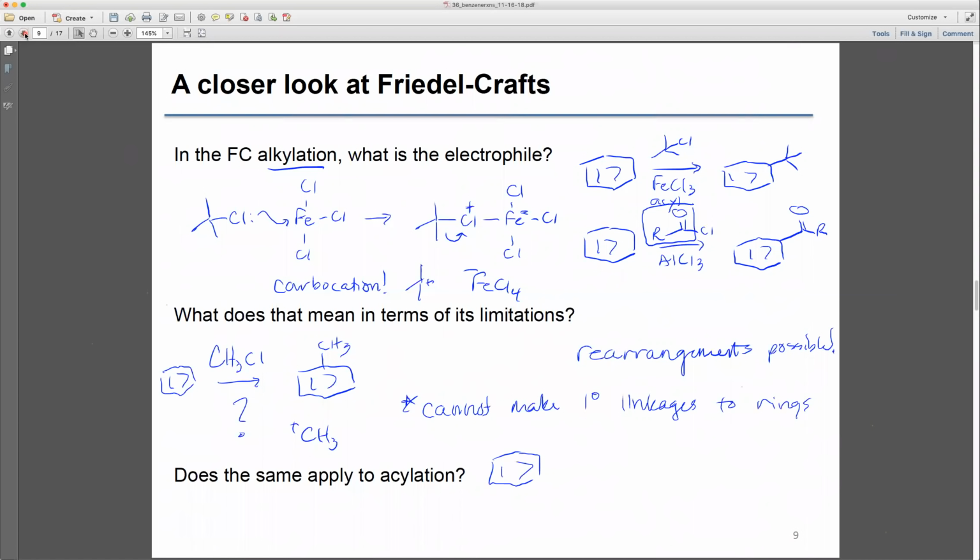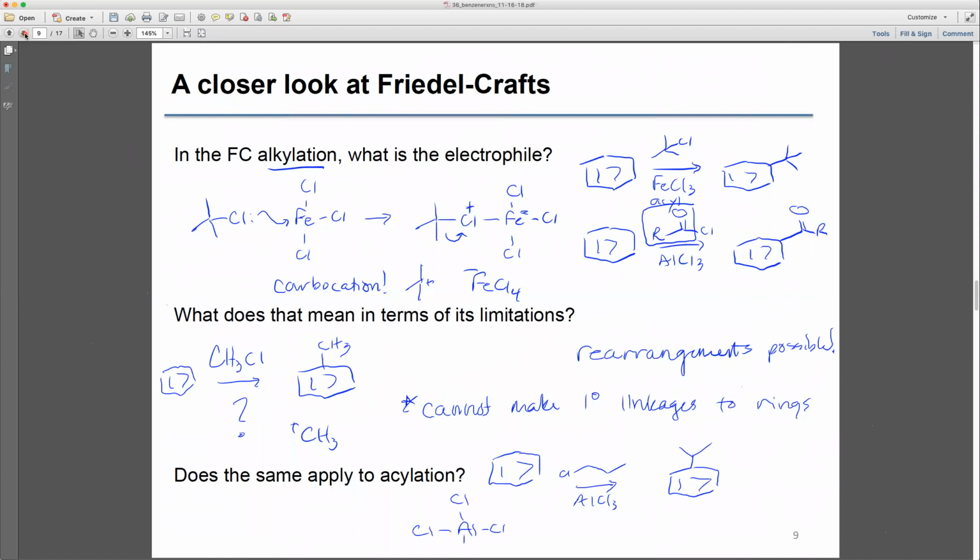if we take propyl chloride and aluminum trichloride as the acid catalyst, we end up getting isopropyl addition because that primary carbocation undergoes a rearrangement to give the more stable secondary carbocation. You can see it happening almost as a concerted step.